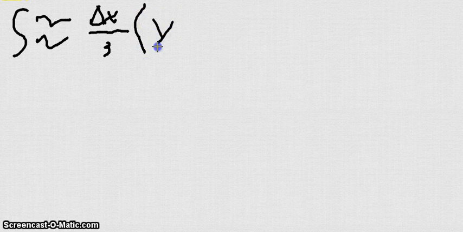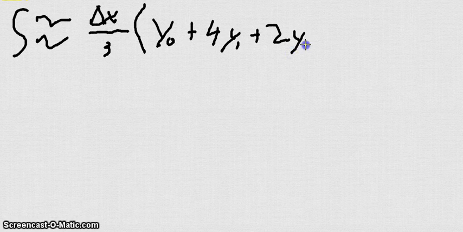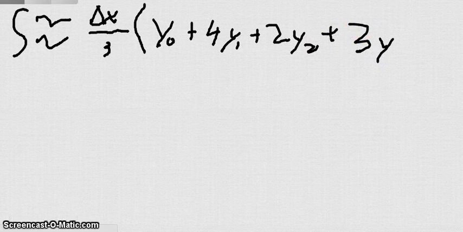Following the table, we substitute the values in the table into the formula of Simpson's rule, which is delta x over 3 multiplied by the y0 value, and then 4 multiplied by the y1 value, 2 multiplied by the y2 value, and then, sorry, not 3, it is 4. 2 and 4 alternately, we multiply by the y value.